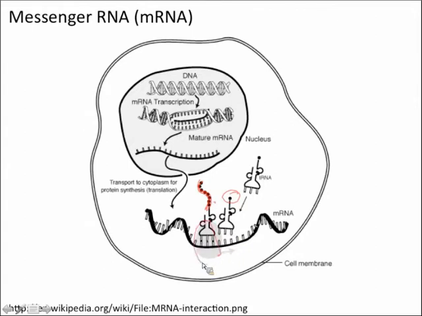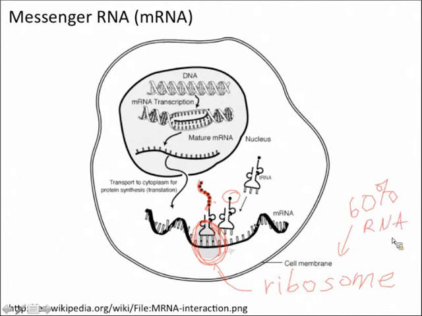Right here, where this thing happens, where the messenger RNA gets transcribed into protein, that happens in the ribosome. The ribosome is about 60% RNA and about 40% protein.